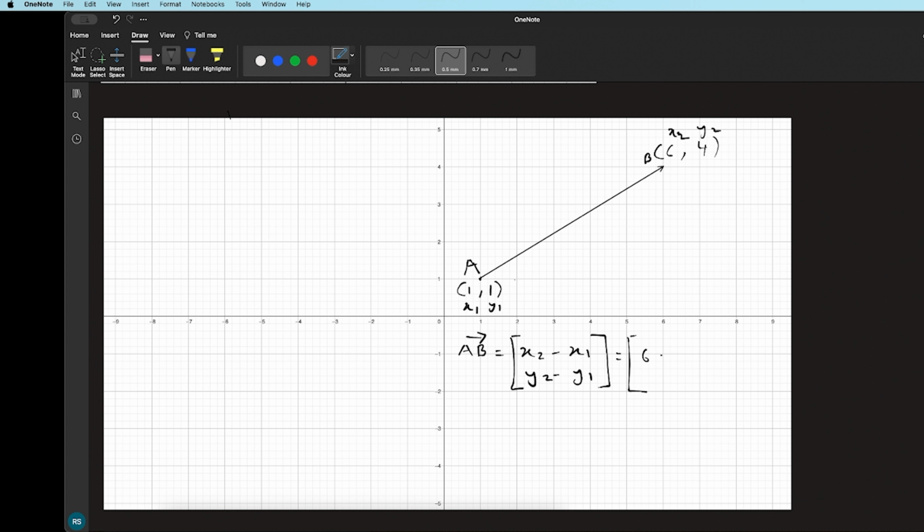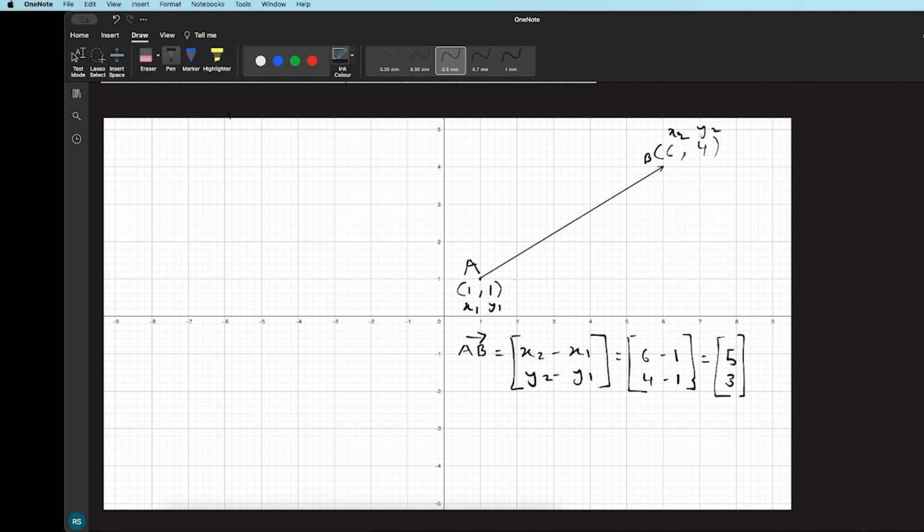Here it is 6 minus 1 and 4 minus 1. So the x and y components of the vector are 5 and 3.